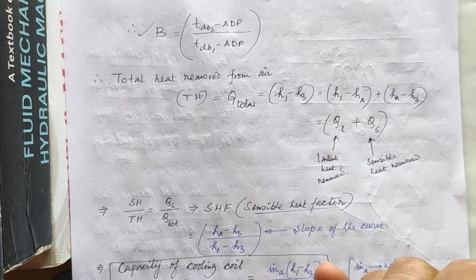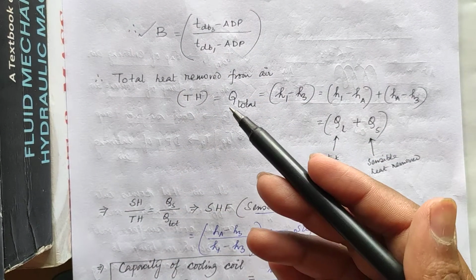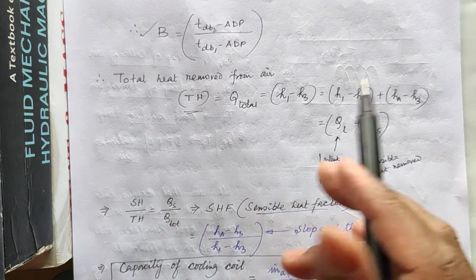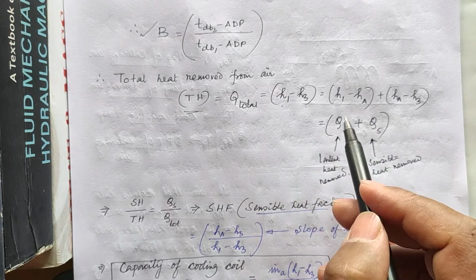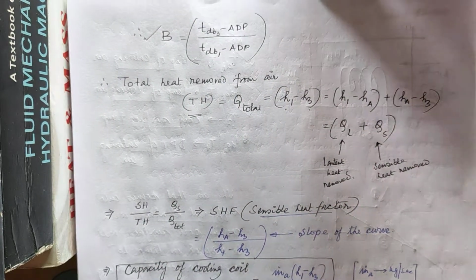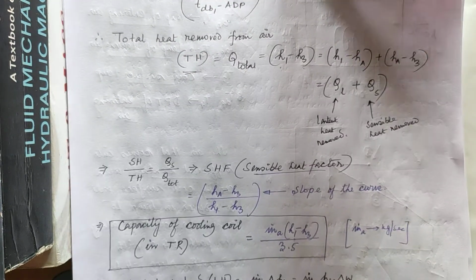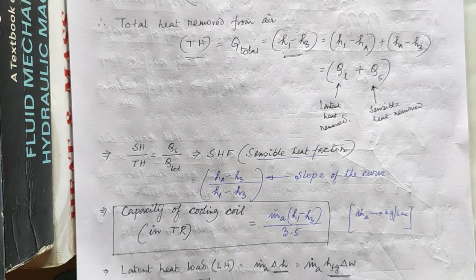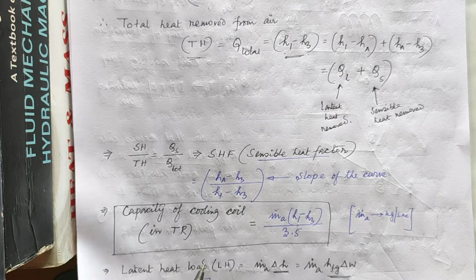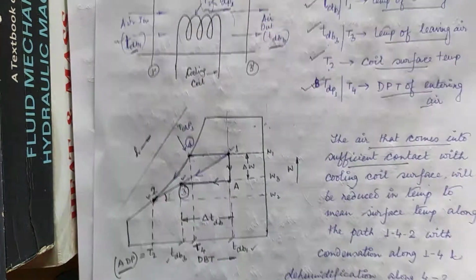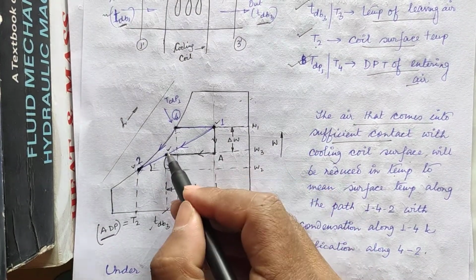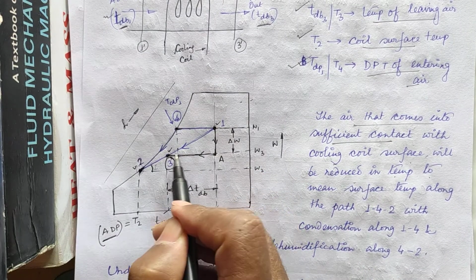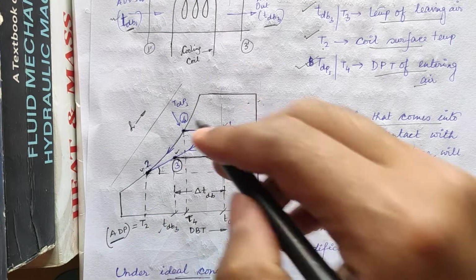So if you are asked to find out the total amount of heat removed, since it is a cooling process, the total amount of heat removed, process is 1 to 3, so H1 minus H3. Now since both cooling as well as dehumidification are achieved, H1 minus H3 can be represented as H1 minus HA, that is dehumidification, plus HA minus H3, that is cooling.